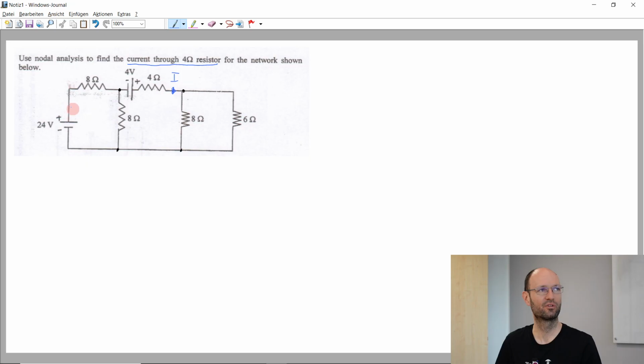So we can convert this into a current source, and we have a current source here, no problem. Because this is also a voltage source with a resistor in series, we could convert this one too, but then this resistor would behave differently, and the current through it would also be different.